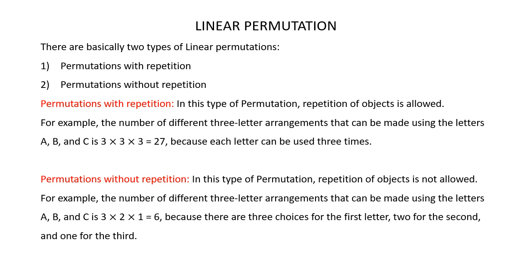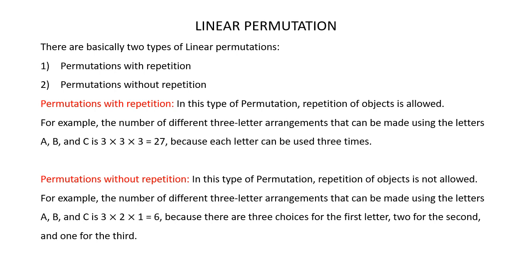So the number of different three-letter arrangements that can be made using the letters A, B and C is 3 multiplied by 3 multiplied by 3, that is 27. So you can make 27 three-letter words from the letters A, B and C if repetition of the letters is allowed.